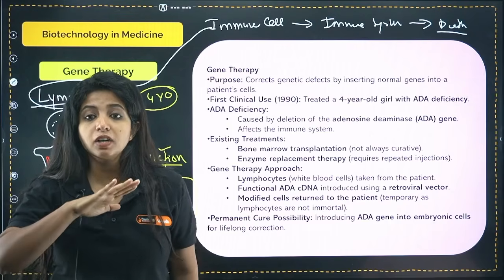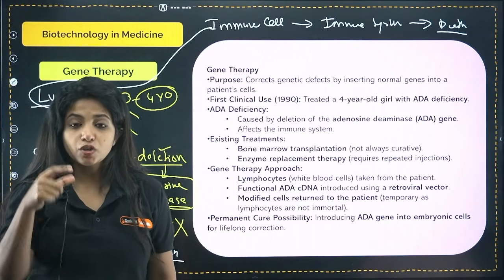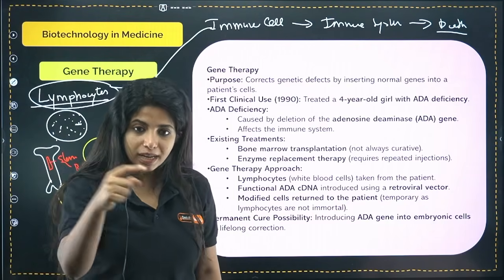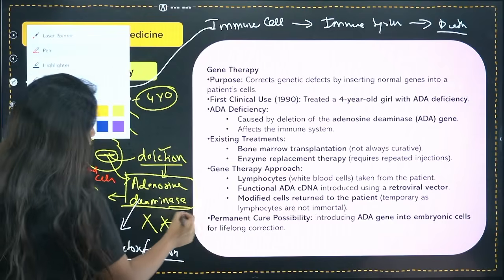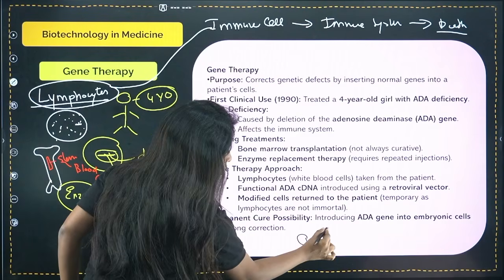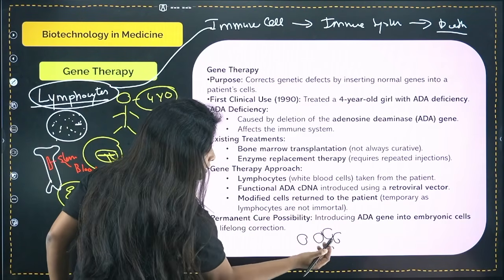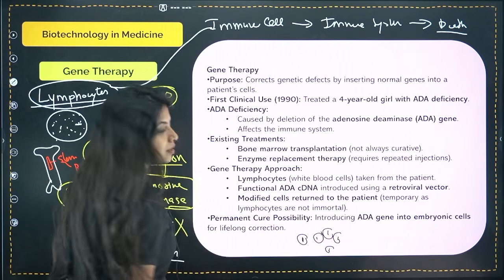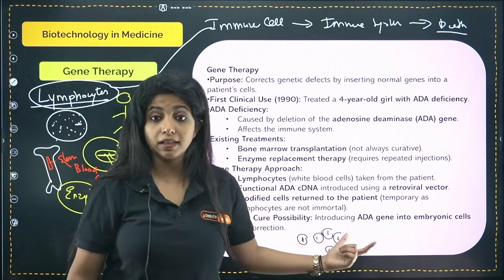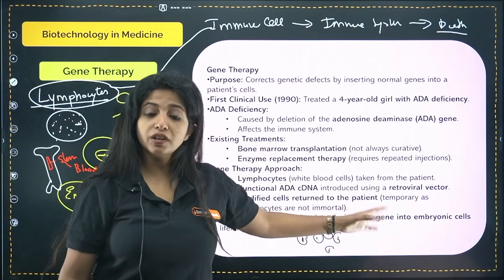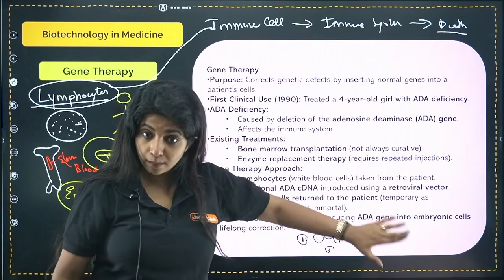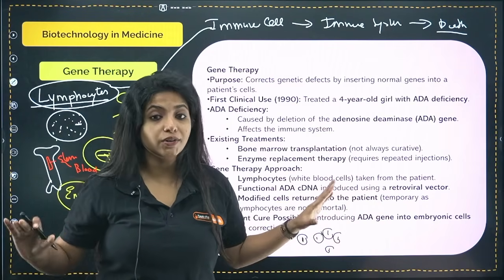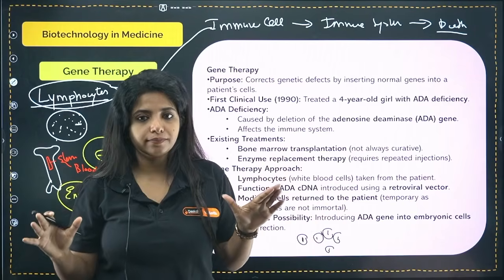Because it is going to be permanently curative, because you are putting it in the embryo itself. In an embryo, one cell divides multiple times, making clones basically, right? So if one cell has the gene, it will replicate and pass on the gene to all the cells. This is in the case of embryo. So if you are doing the gene therapy at the embryonic stage itself, it's all good. It is going to be a permanent cure.